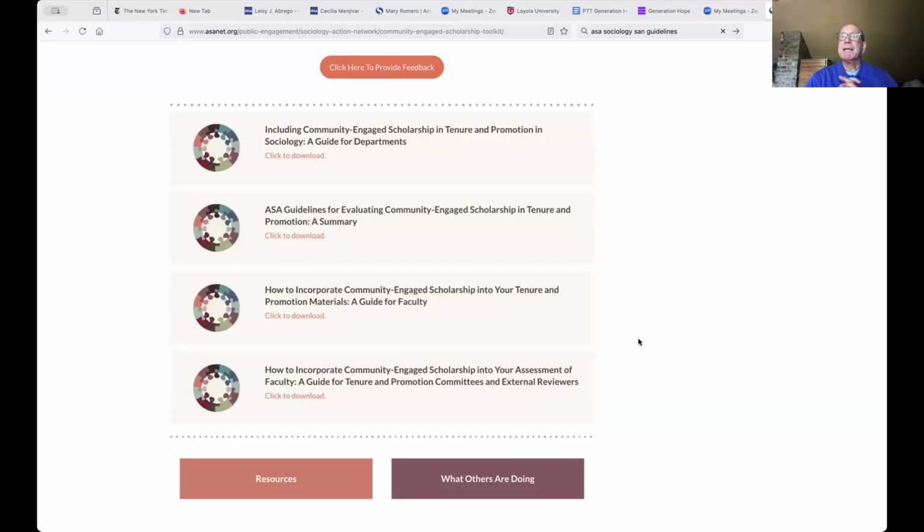And so I want to appreciate her role, as well as the role of other members of the Sociology Action Network, as well as Heather Washington and the ASA, because in part the guidelines emerged also from a project that they led and was supported by the W2 Grant Foundation. So also to recognize them for their vision to advance this kind of field of work within the academy. So there were multiple points to come together.